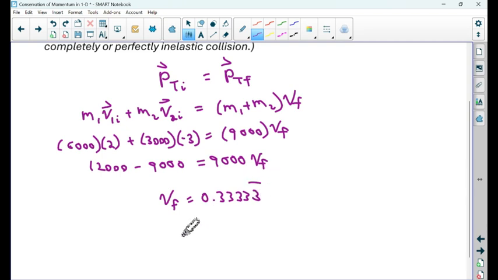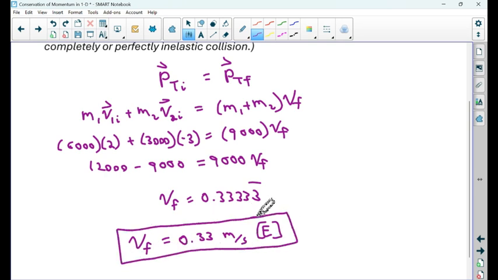Now let's round that off for significant digits. Looks like we've got 2 significant digits, which is our lowest amount of sig figs in our data. So we'll round this off to 0.33 meters per second. Now it was a positive answer, and we know positive numbers mean east. So that's our perfectly inelastic collision when two things stick together.